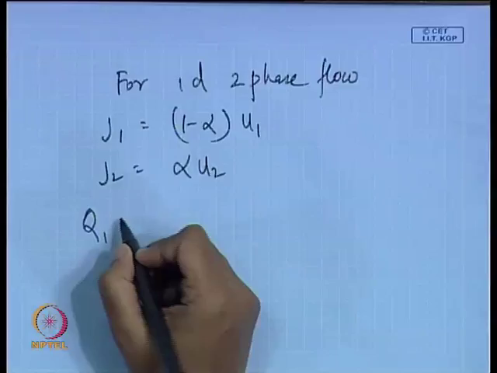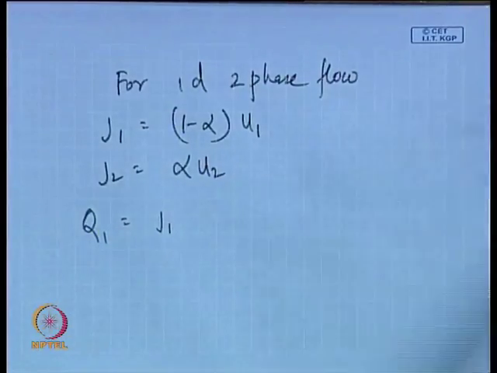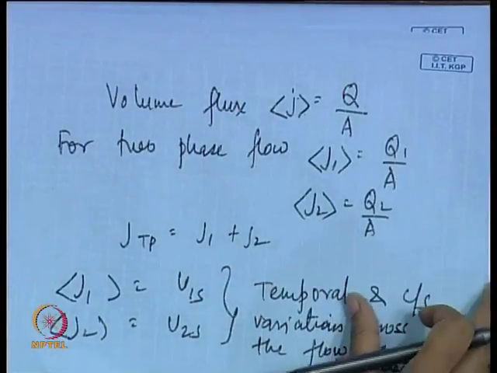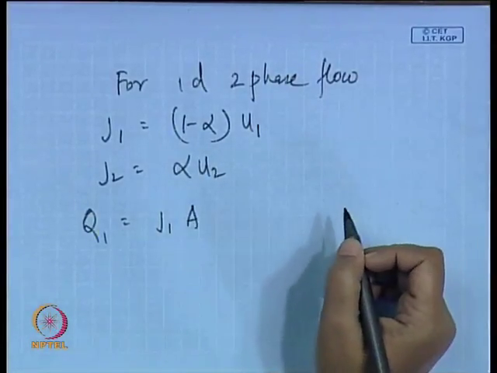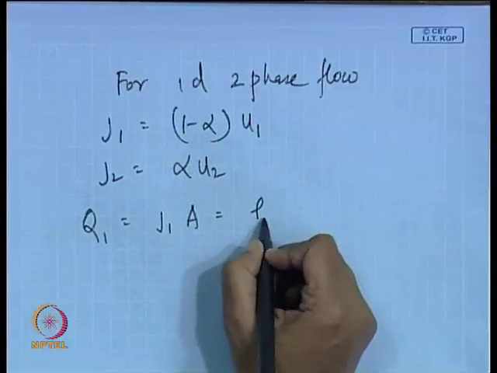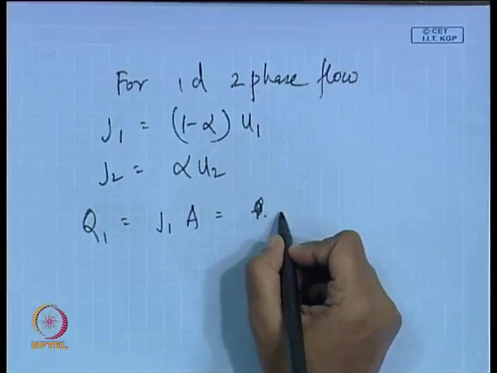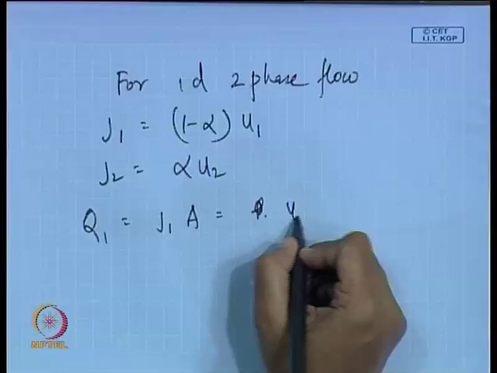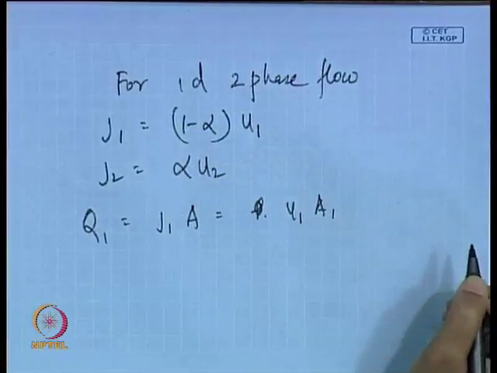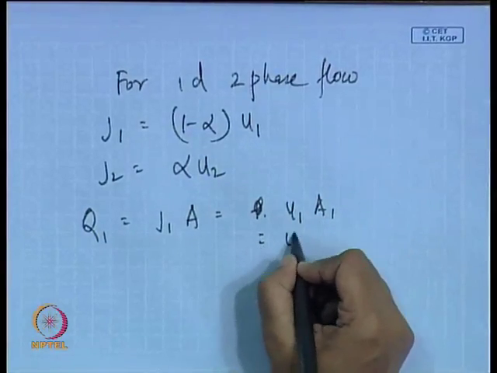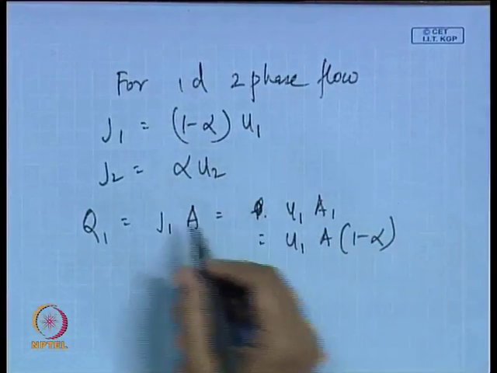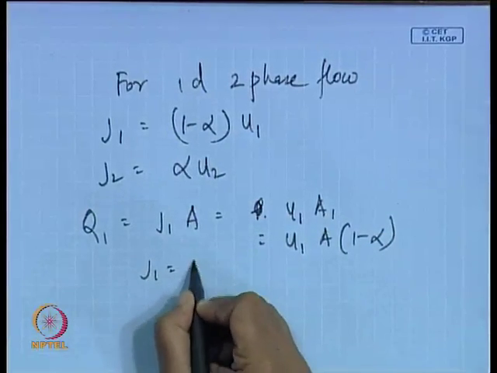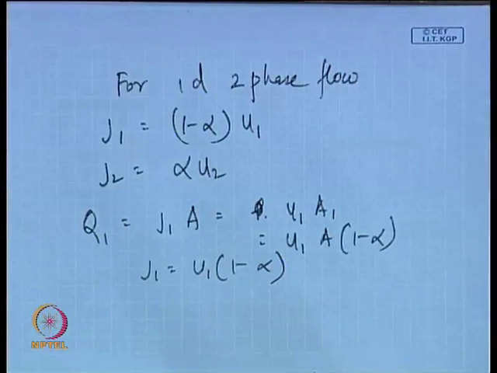Yeah? What is Q1 equal to? From the basic definition which I have shown, Q1 equals J1 into A. Fine. This is equal to U1 into A1. Agreed? What is A1? A into 1 minus alpha. So, therefore, J1 equals U1 into 1 minus alpha.